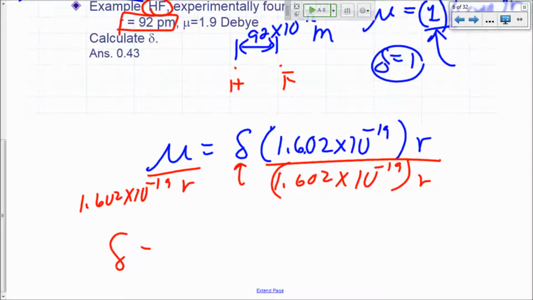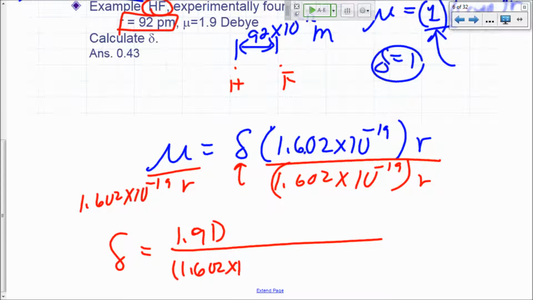So delta equals the dipole moment, 1.9 debye, over 1.602 times 10 to the negative 19 coulombs times the distance, in this particular case 92 picometers, so 92 times 10 to the negative 12 meters.